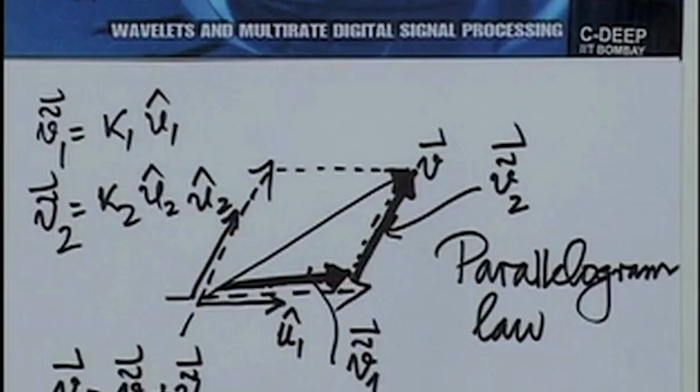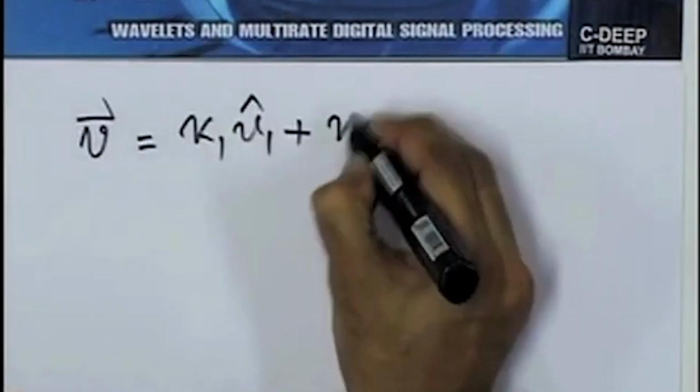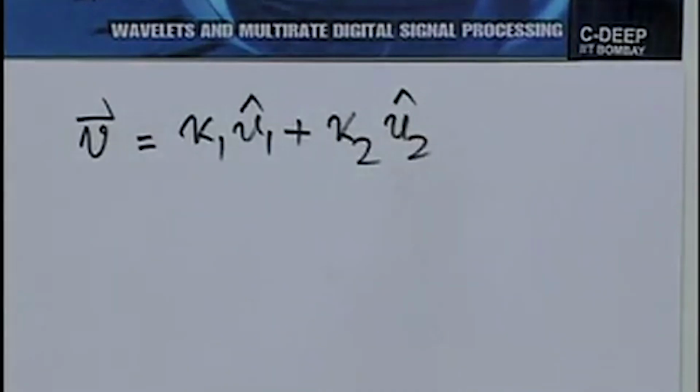Thereupon, I have v is some multiple of u1 plus some other multiple of u2: K1 u1 plus K2 u2.